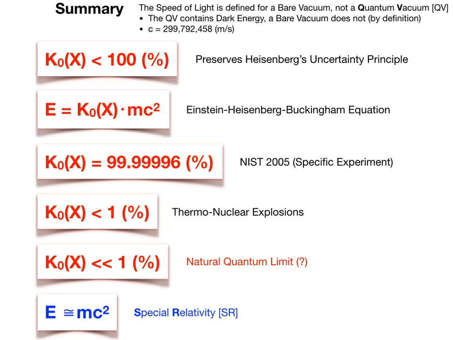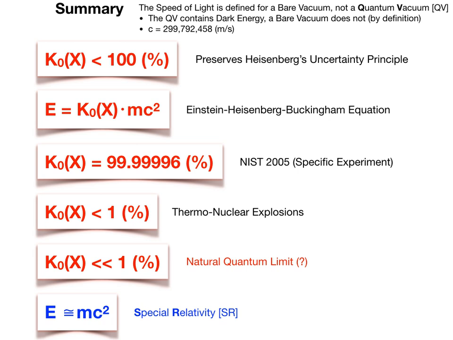Please don't forget that the speed of light as presently defined does not apply to a quantum vacuum. It applies to a bare vacuum, that is, a universe without the existence of dark energy. And dark energy possesses 67 to 68% of total cosmological mass, according to the standard model of cosmology. However, we exist in a quantum vacuum. We do not exist in a bare vacuum.